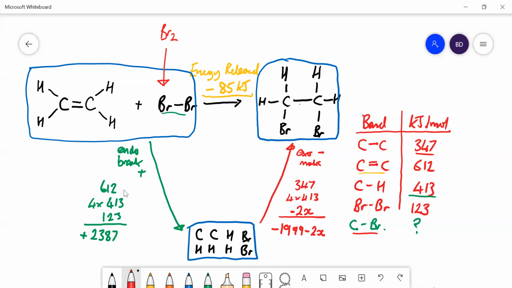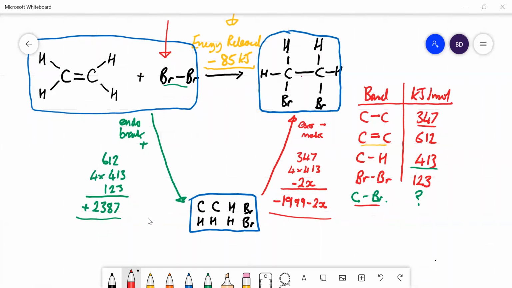Now what we do know is the total energy released up here, that's got to be equal to the green number added on to that red number for making them. So we've got minus 85, that's the energy released. With this one, you can see it's pretty important to stick with that convention of breaking positive, making negative.